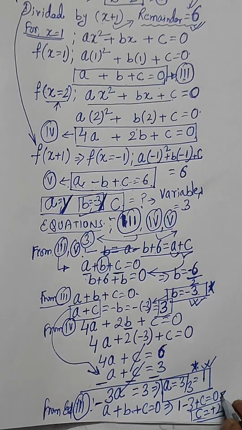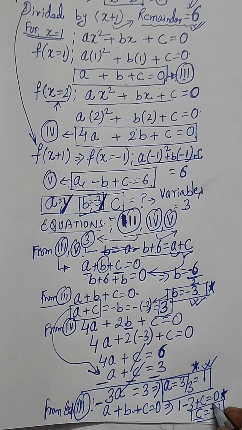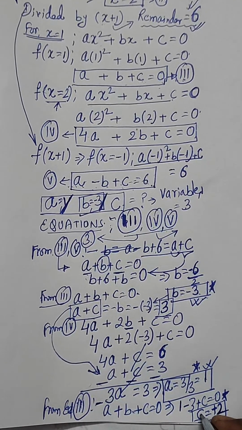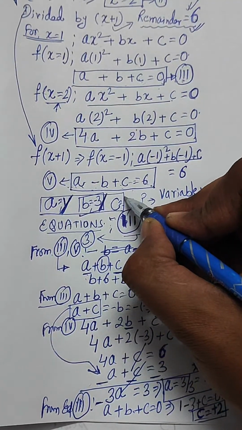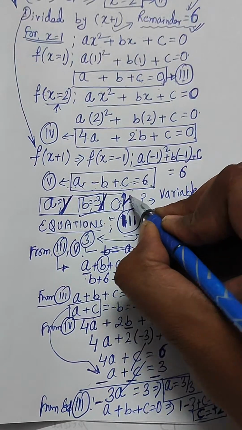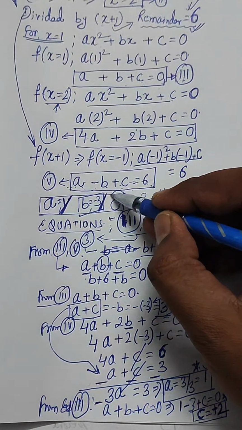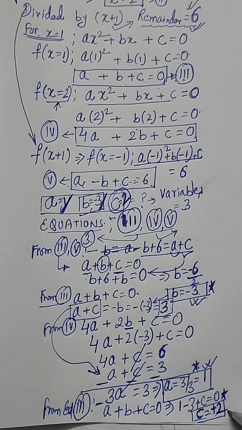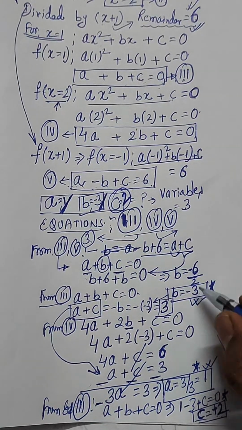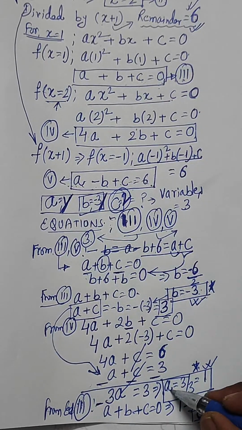This is the third value of the variable, right? C is plus 2. So the value of C over here is 2, right? So here we can see C is equal to 2, B equal to minus 3, A equal to 1.